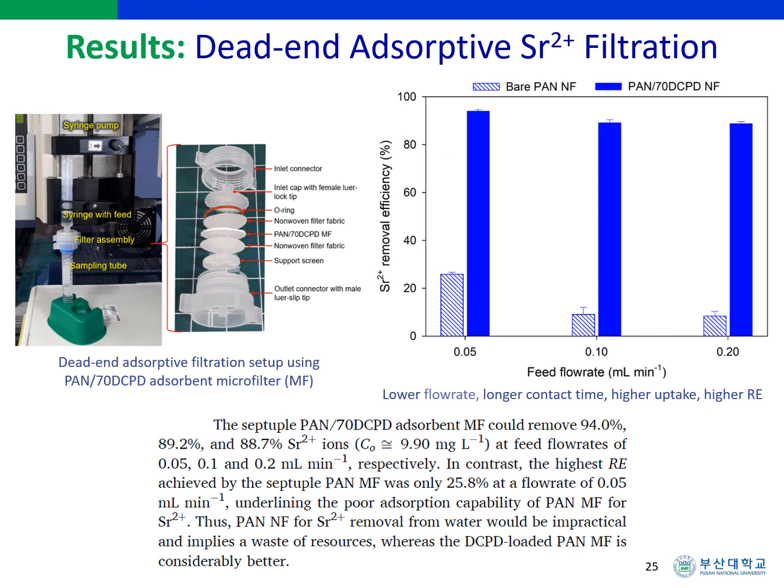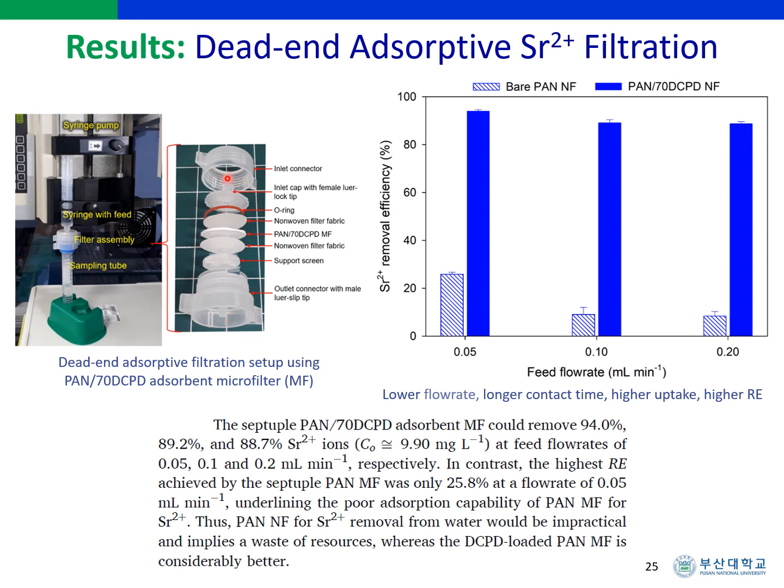A dead-end adsorptive filtration experiment was conducted using a membrane filter holder to demonstrate the practical application of macroporous PAN 70 DCPD nanofiber as a flat sheet membrane microfilter, or MF.